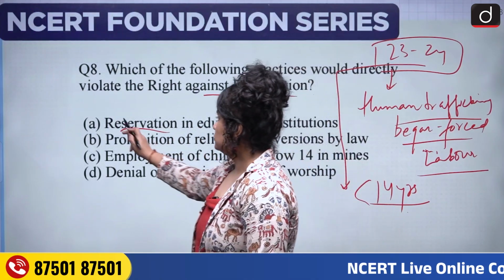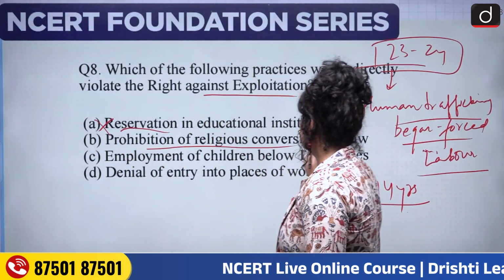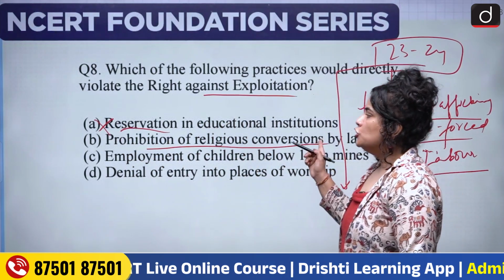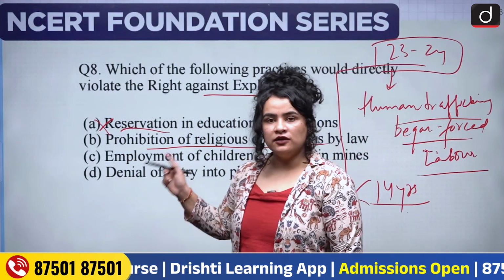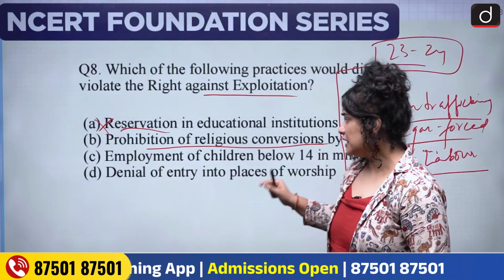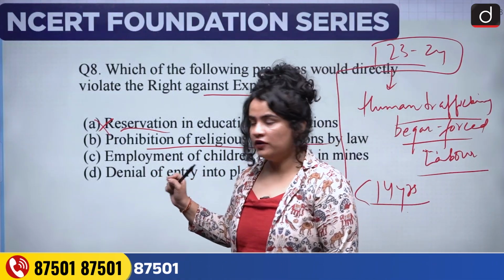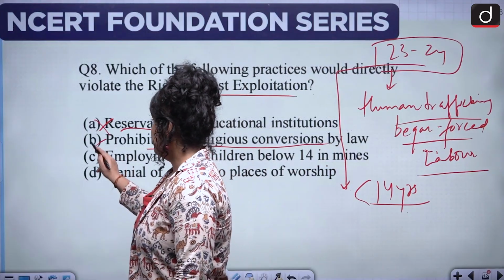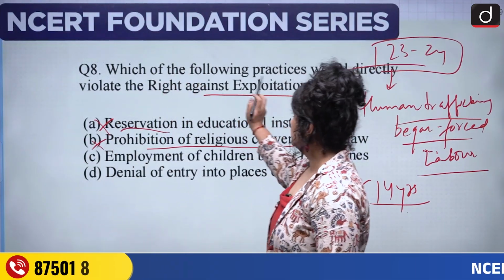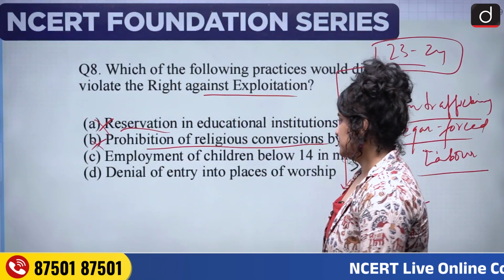All right. So, no. Prohibition of religious conversions by law. No, this actually does not violate the right against exploitation. It does violate the freedom of religion under Article 25, but not the right against exploitation.